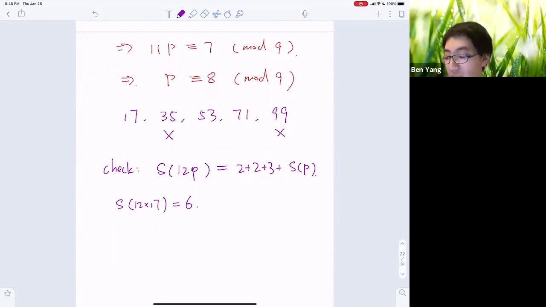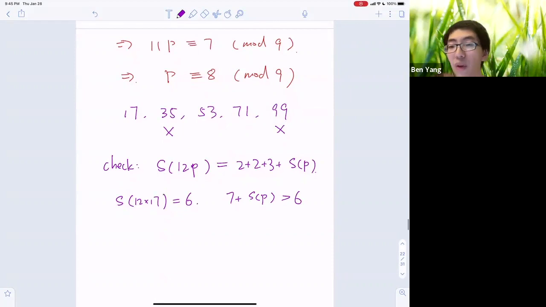The right-hand side is of course 7 plus S(P), which is clearly greater than 6. So 17 does not work.